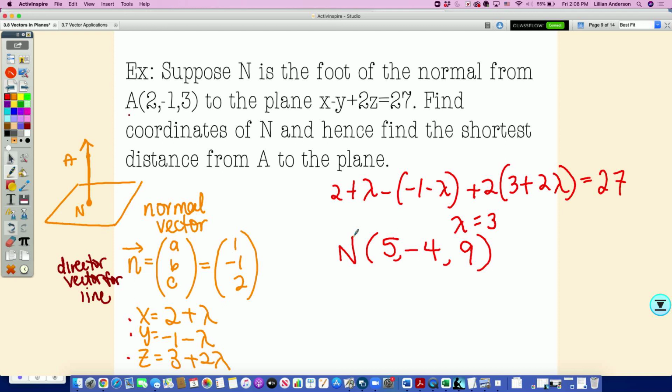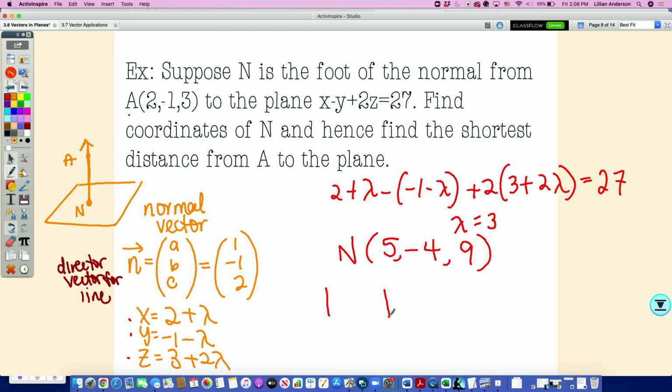How do I find the shortest distance from A to the plane? Magnitude of n. You mean the normal vector n? Can you see the distance variable between A and N? You would do essentially the distance between A and N, or the magnitude of vector A n.